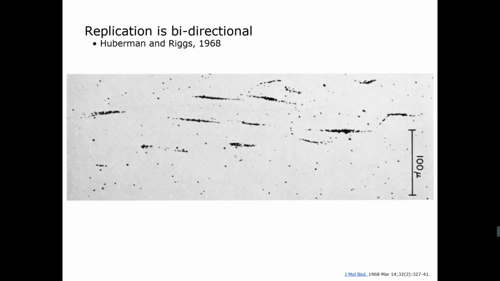But once you sort of start looking at things, like obviously all these dark things here, so this one here, this one here, here, these are all replicated regions of the Chinese hamster ovarian cells DNA. And then you can ask, do you see this dilution effect?